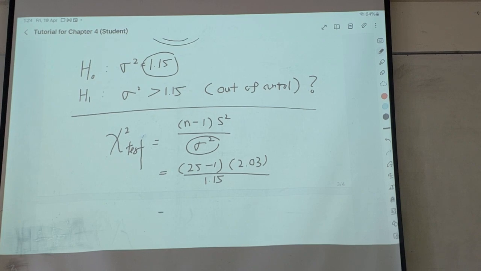What do you get? 42.365. It could be very large, because it's chi-square.